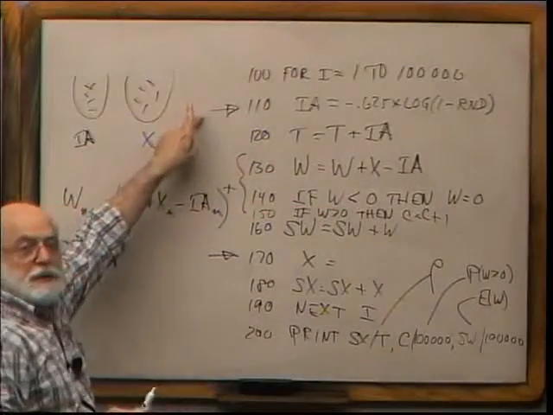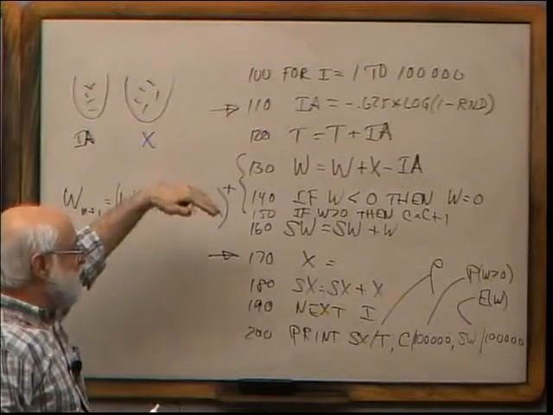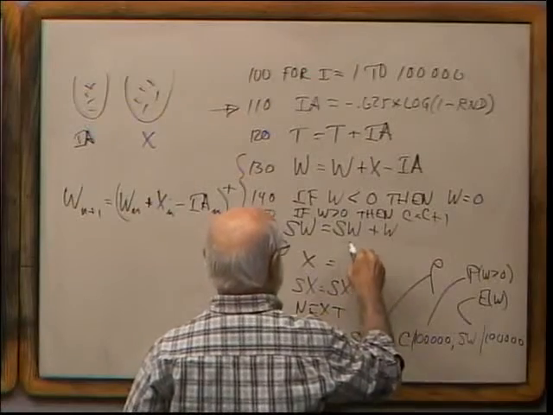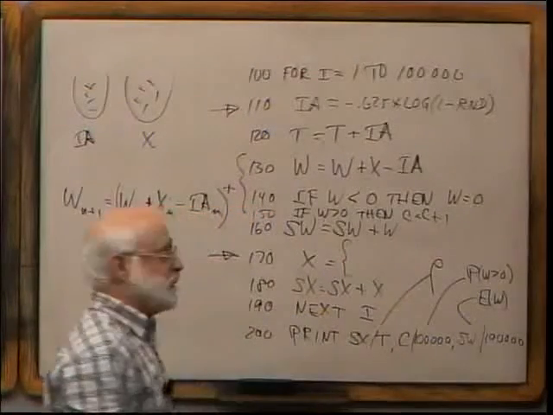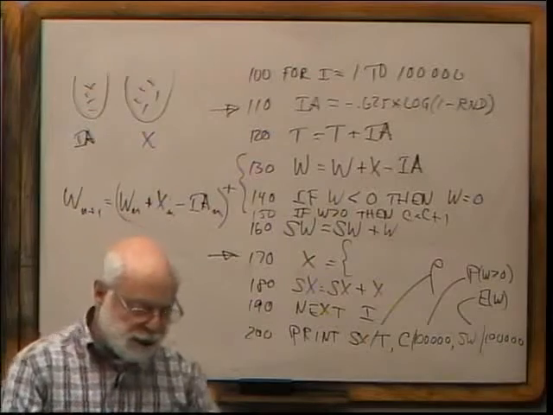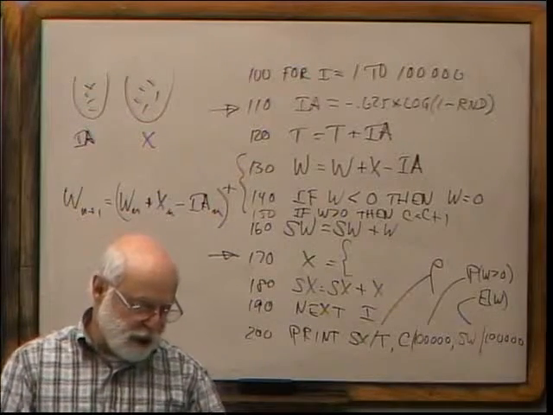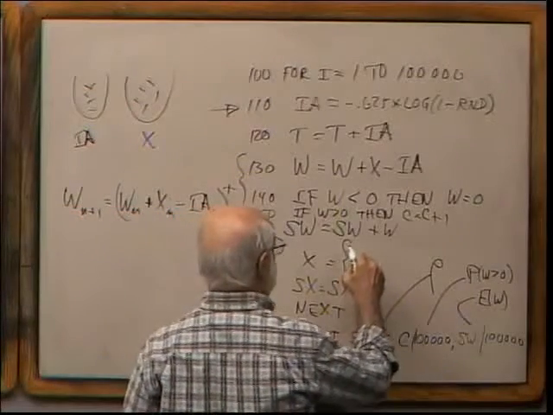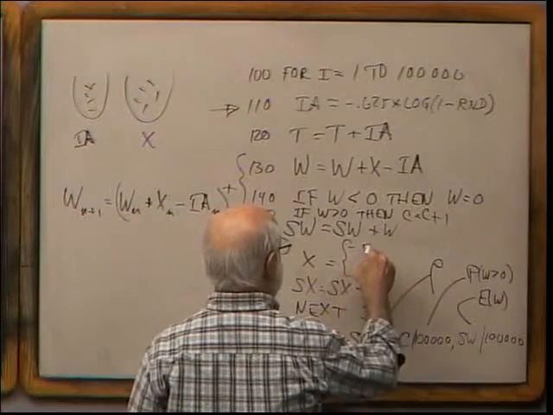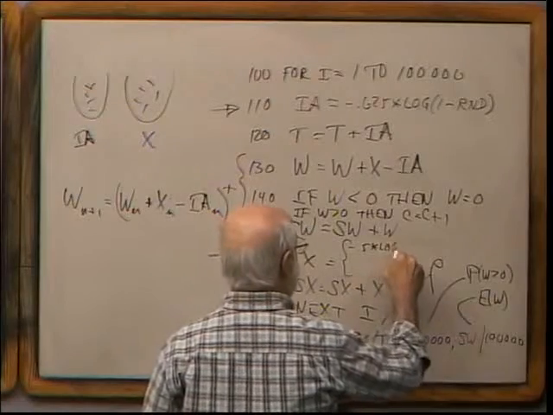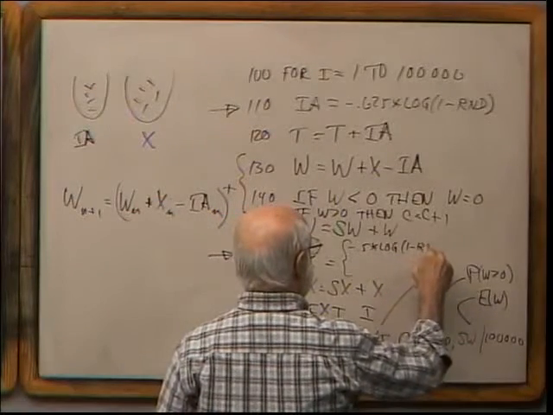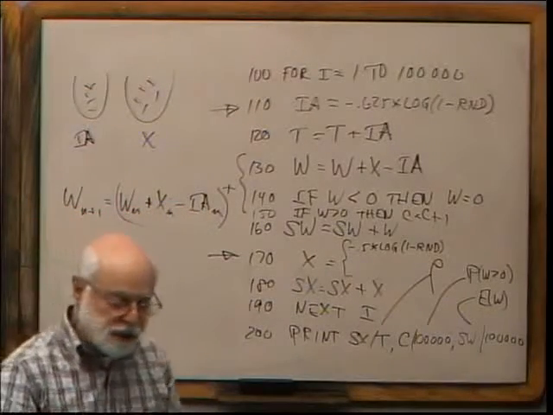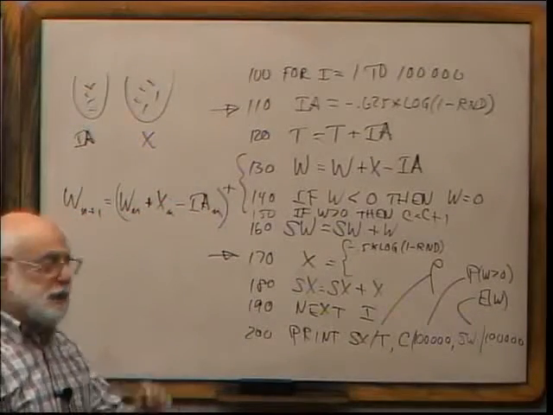What I'm going to vary here is the service times. So I have statement number 170, with 3 different service times. The first case is the service times are exponential with an average of 1/2. So x is equal to minus 0.5 times the log of 1 minus a random number. In the second case, the service times are constant with a value of 0.5, so x is equal to 0.5.